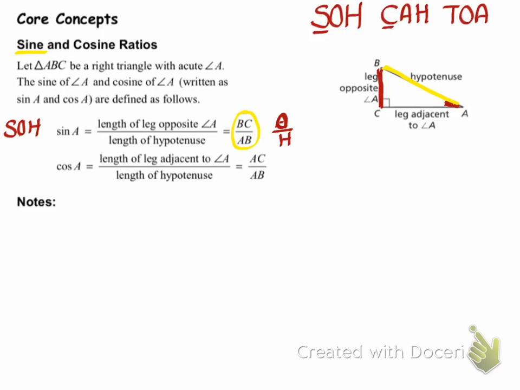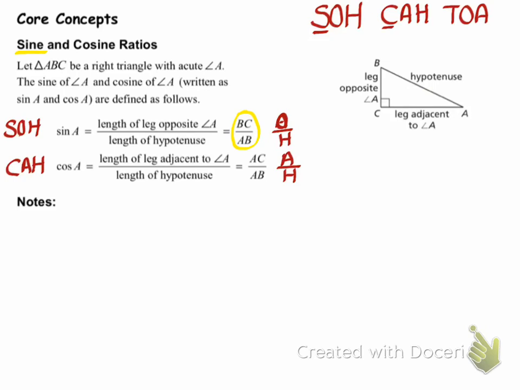What if I'm trying to find the cosine ratio of angle A? Let me remove this and show you again. For cosine, I told you cosine is CAH. CAH means adjacent leg over hypotenuse: the length of the leg adjacent to angle A over the length of the hypotenuse.